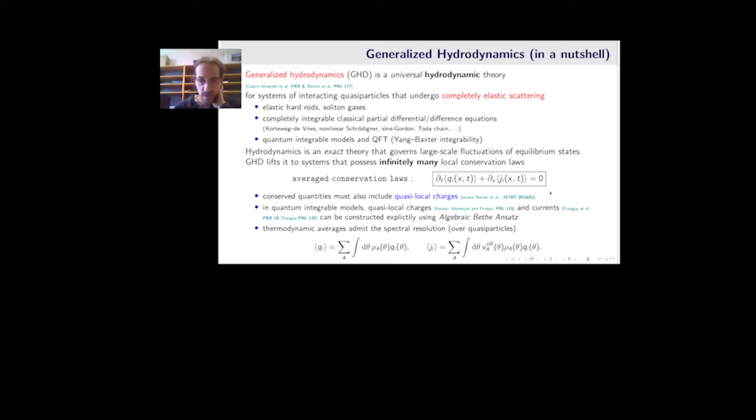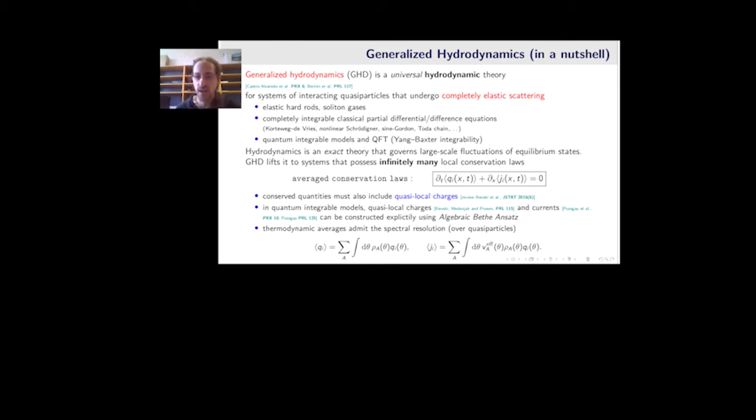There are some caveats maybe I want to mention first. If you write it in this form, it's not a priori clear which conservation laws one should include into this list. Now you can take an effective approach and say, I will just include n of them, and then forget about the rest. But obviously this is dangerous. You are neglecting potentially relevant hydrodynamic modes.